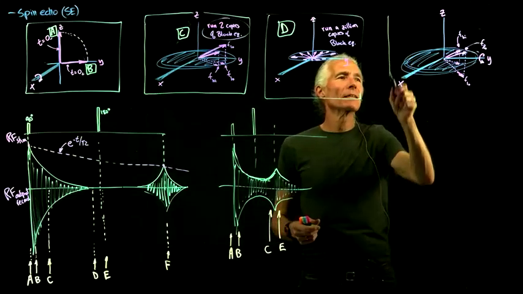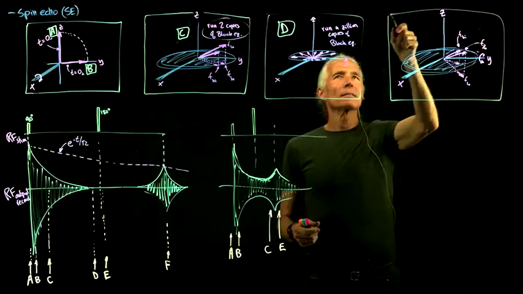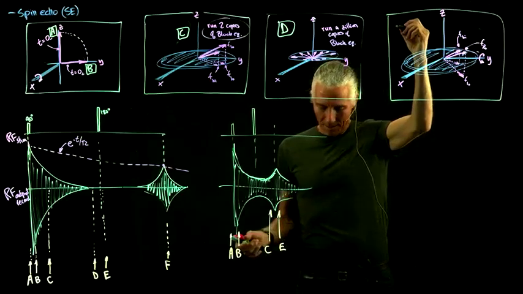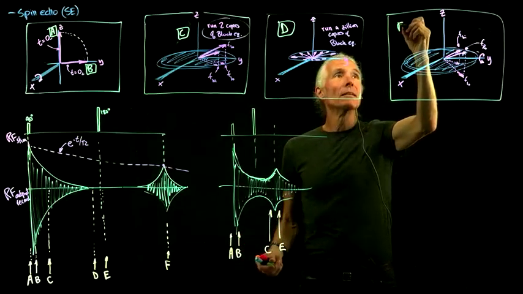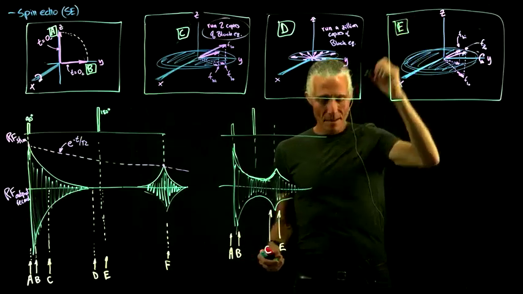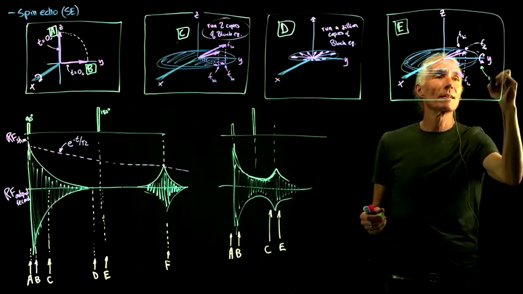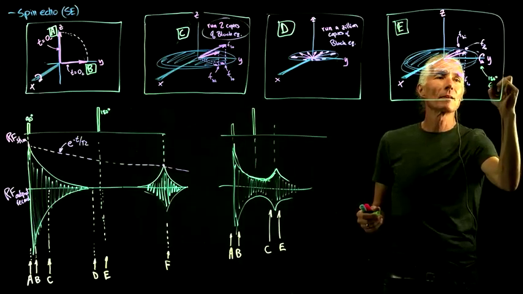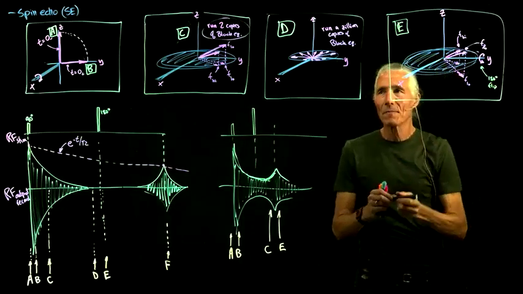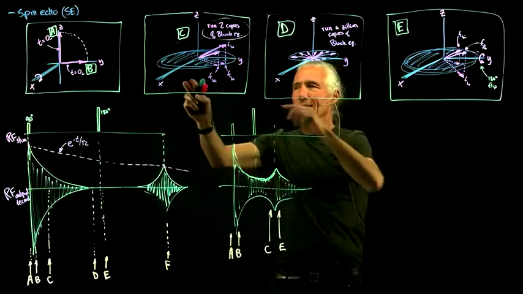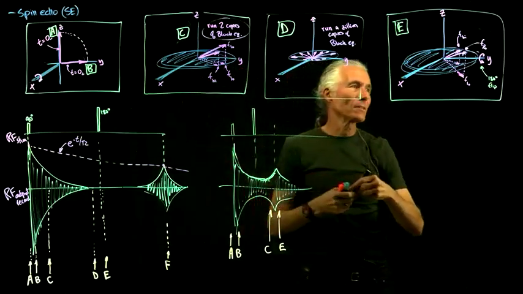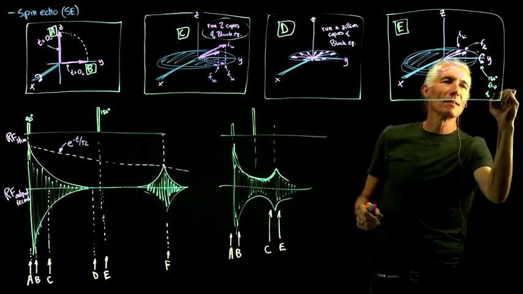So this is a point. We'll call this point E. And so this was our 180 flip here. And we'll assume that we had done it to point C. So this is 180 flip of C.